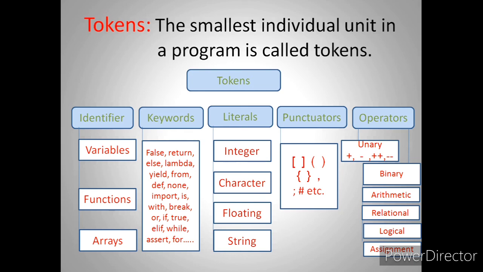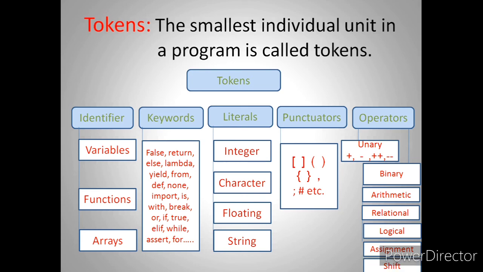But if you give two is equal to signs, then you are checking the equality of two objects or two variables. Is it clear? One is equal to sign is used for assignment, whereas double is equal to sign means you are trying to get the relationship between two objects, whether they are equal or not. That means for equality we use the relational double is equal to sign.